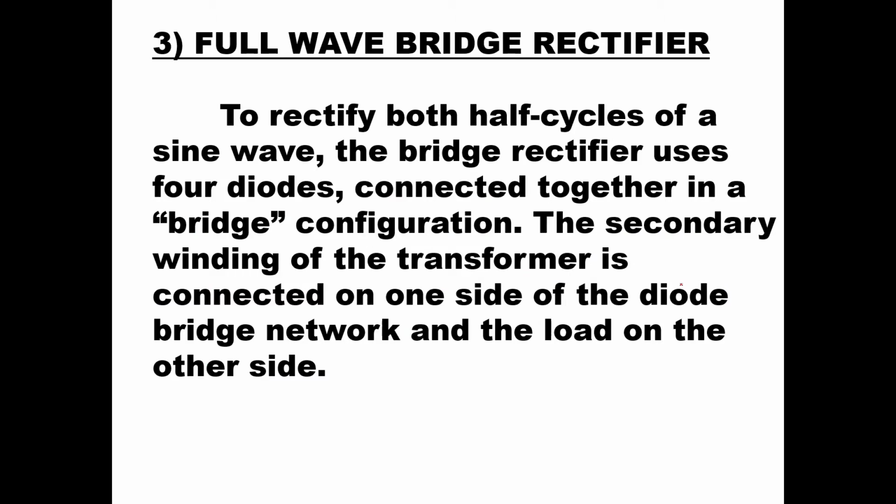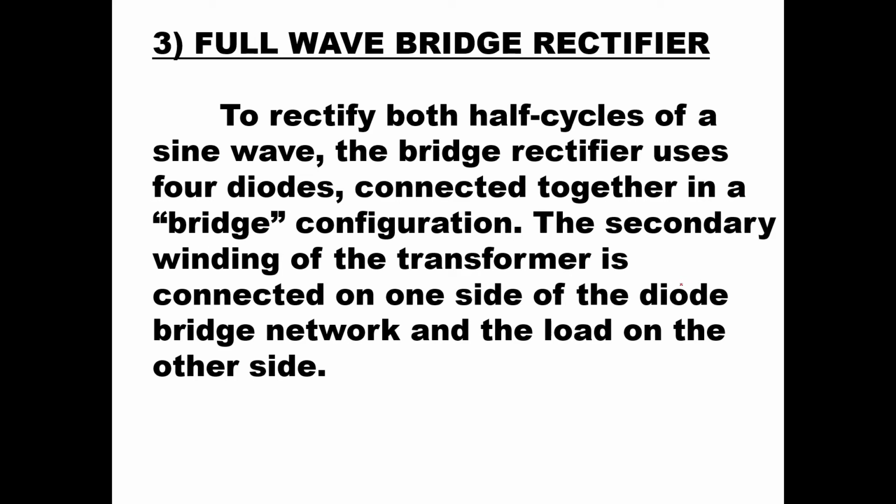Then we'll see what a full wave bridge rectifier is. Now to rectify both half cycles of a sine wave, the bridge rectifier uses four diodes connected together in a bridge configuration. So there is a bridge which is built from four diodes. The secondary winding of the transformer is connected on one side of the diode bridge and the load on the other side.